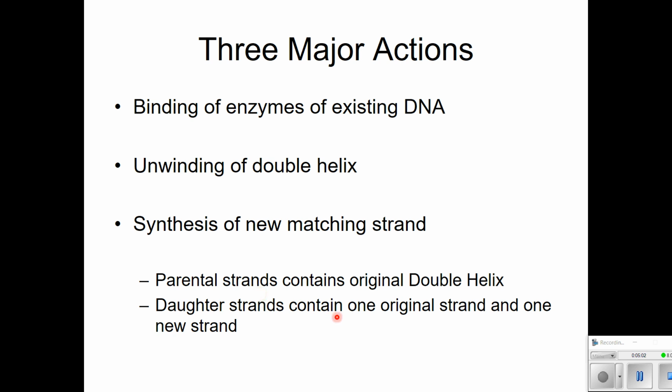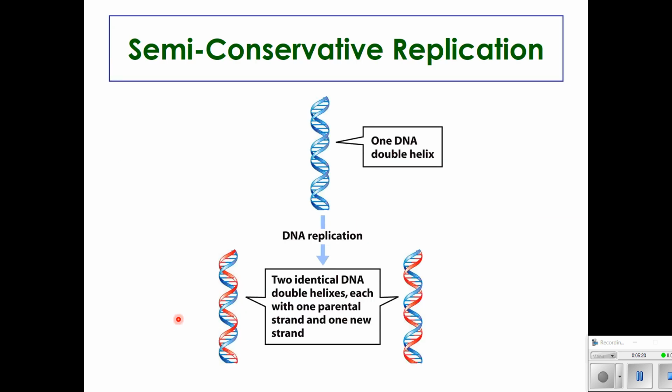The name for the new strands are always called daughter strands. Those daughter strands represent what the cell is making in terms of making a new copy of DNA. So original strands are called parent strands, new strands are called daughter strands.